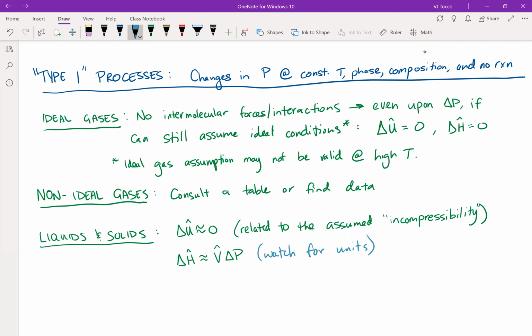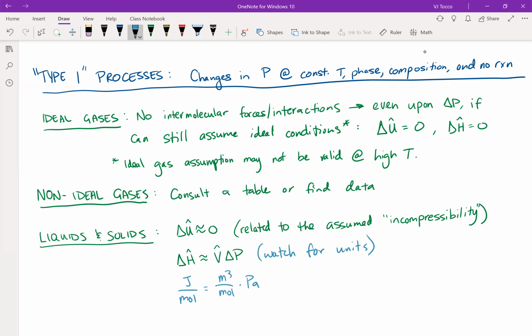So if I have a molar enthalpy, let's say it's just joules per mole, and I wanted to work it out in the SI unit, I would need the specific molar volume in meters cubed per mole, and I would need the pressure in pascals. That's the only way that this unit conversion works. So you have to make sure that if you want your delta H in joules per mole, that your V hat is in meters cubed per mole and your pressure change is in pascals.